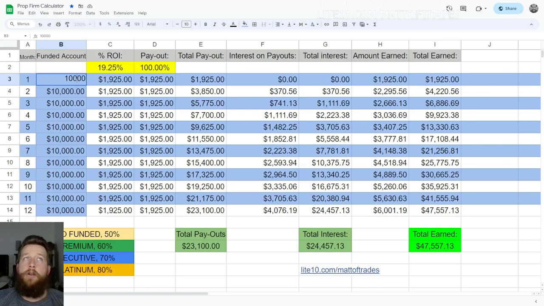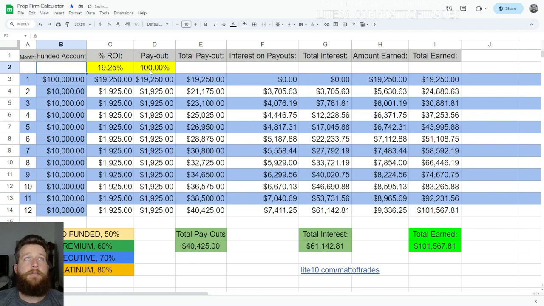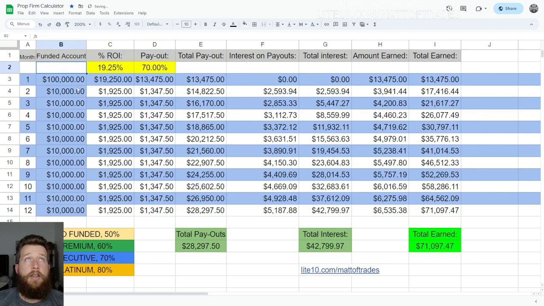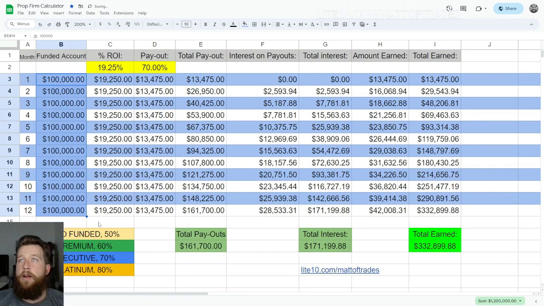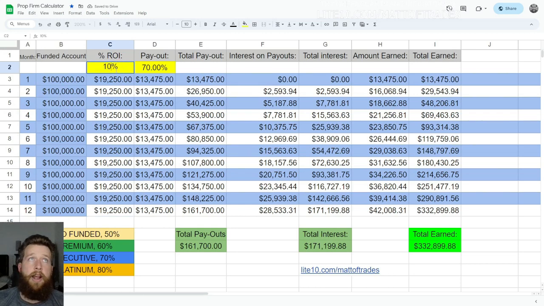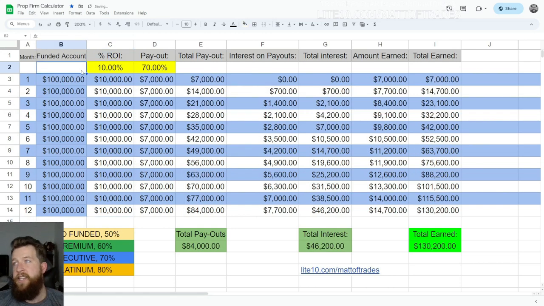And again, I just kind of want to show you what that looks like. So let's again say that you pass a prop firm challenge. You get a $100,000 account that you paid, let's say, $450 to try out for, and you're again able to get about a 10% return.